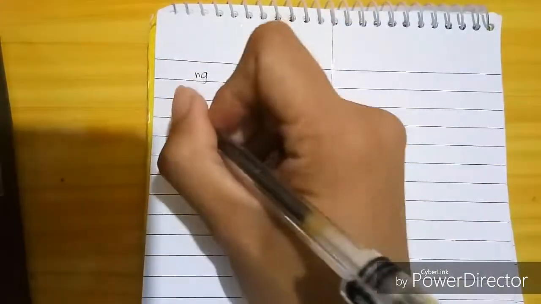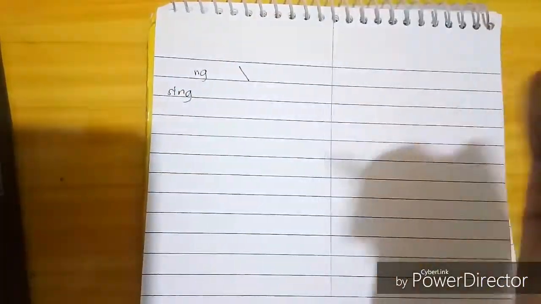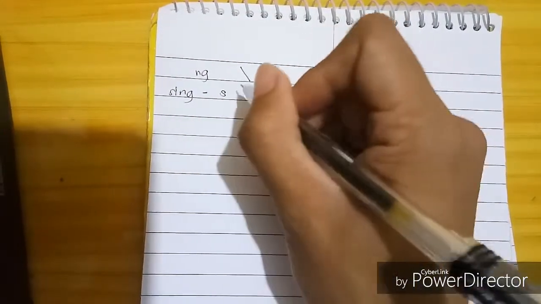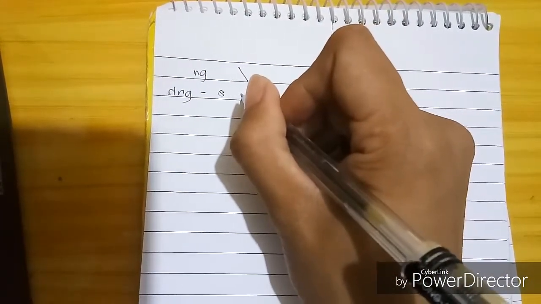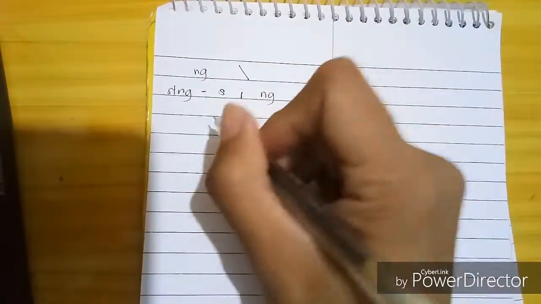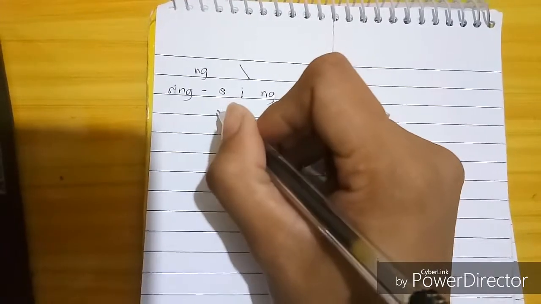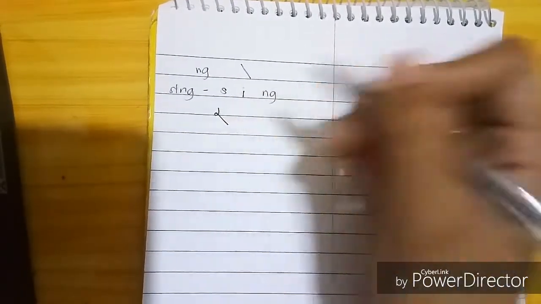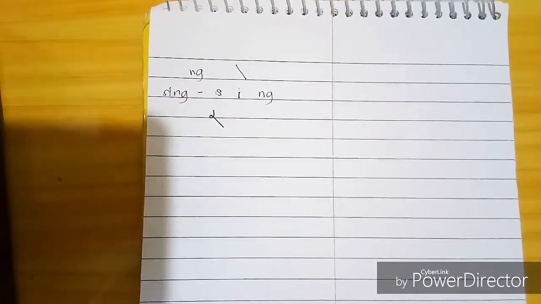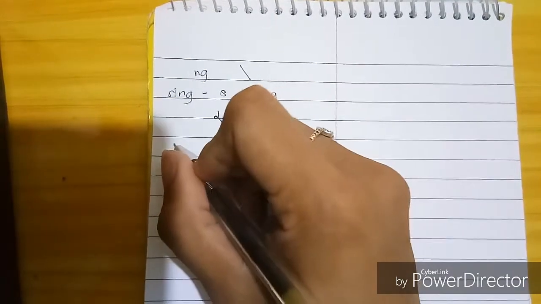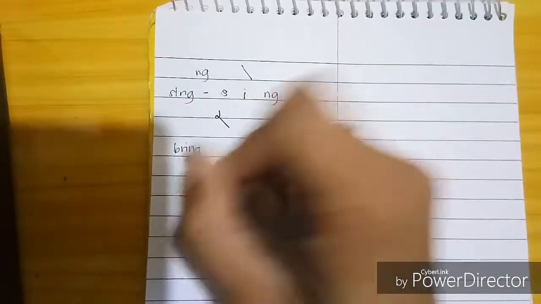For example, the word sing is represented by S, I, and NG. So it will be written like this. It is easy, right?